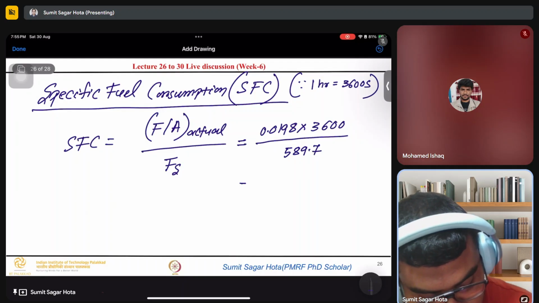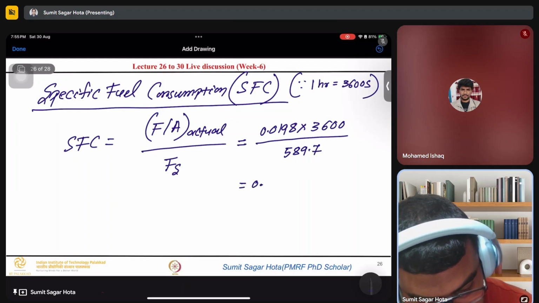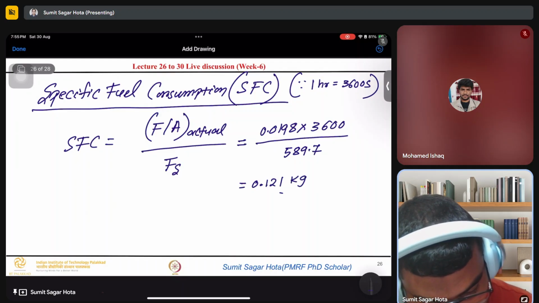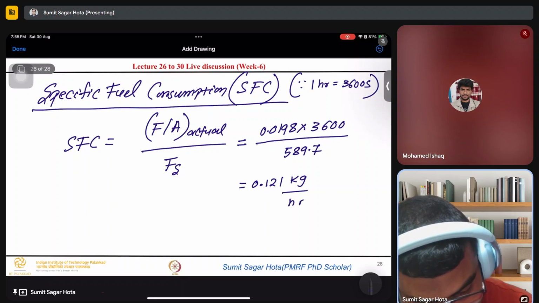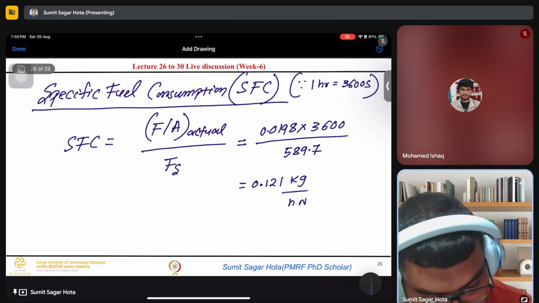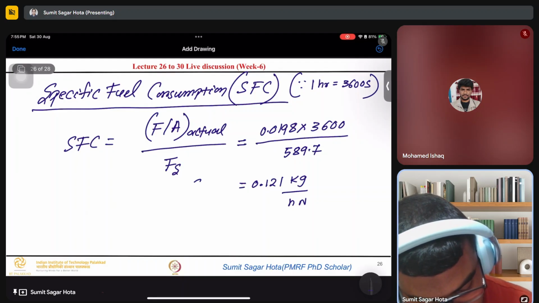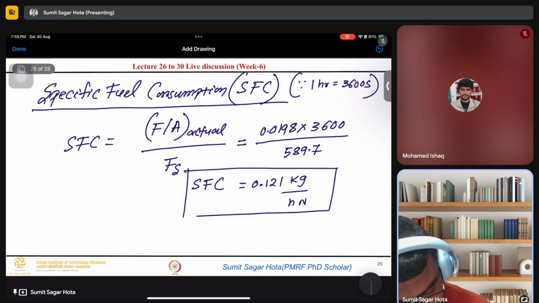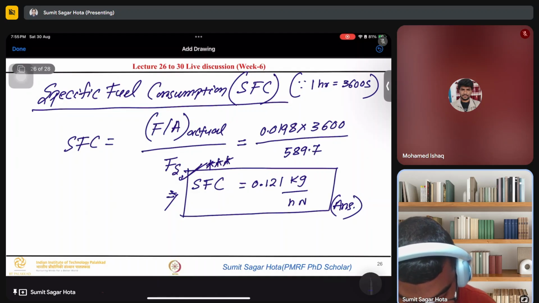You just calculate, it will be 0.121 kg per hour Newton. This unit is also very important. This is your answer. Very important. This formula is also very important.